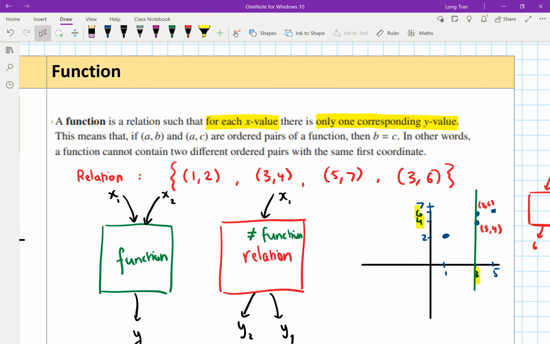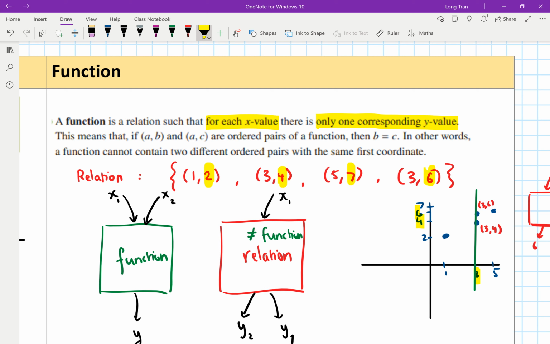A function specifically is when you sub an x value in and you get only one y value. It's okay to sub two of the same x values, but you can only get one y value. So one of the best ways to figure it out is to check: do you get two of the same y values somewhere? Notice there's one y value, 2, 4, 7, and 6.